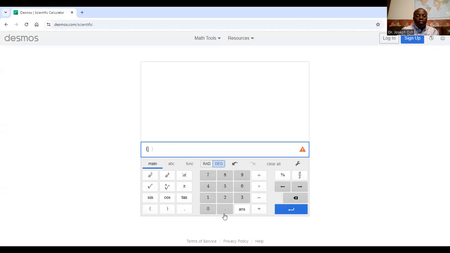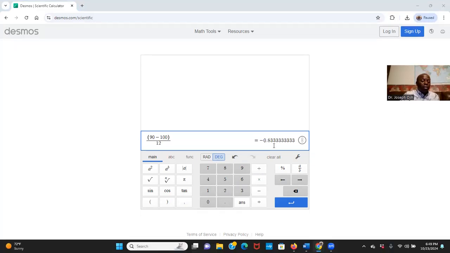I got 90 minus 100 divided by 12. Okay, 90 minus 100 divided by 12 gives me negative 0.83 rounded. Negative 0.83 when you round it to decimal places.